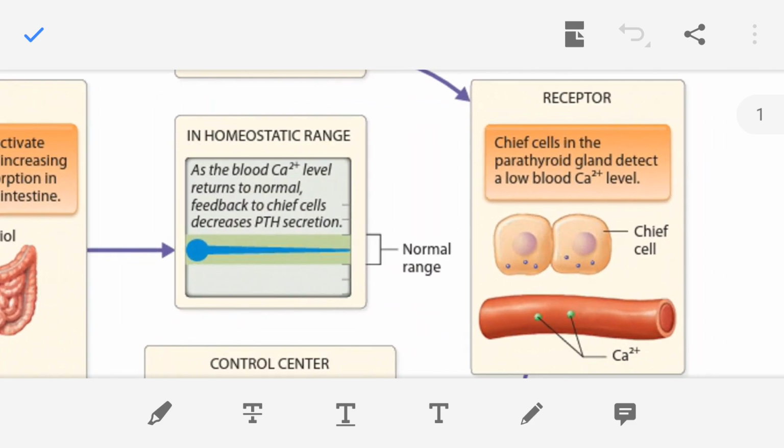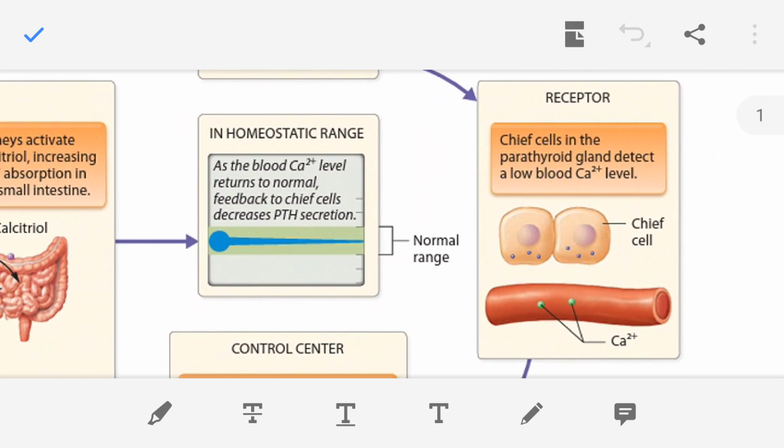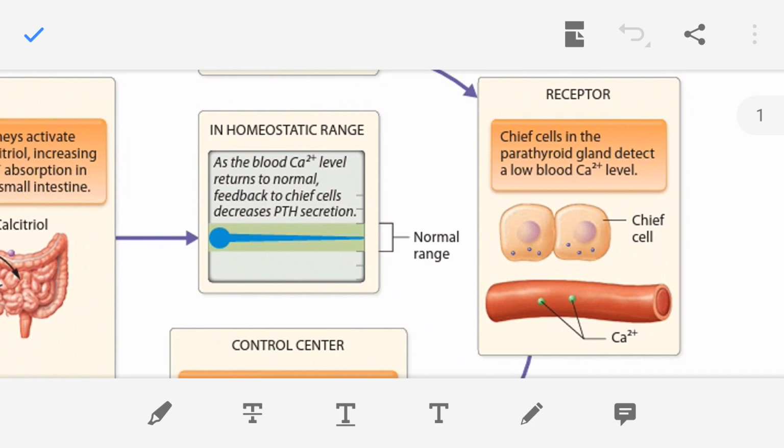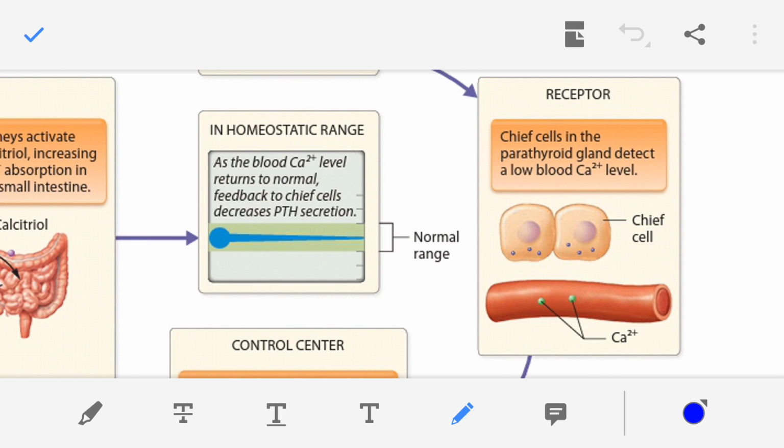Now at the receptor level, the chief cells in the parathyroid gland detect that in the blood there is a low level of Ca2+. When the calcium level goes down, it is detected by the chief cells.